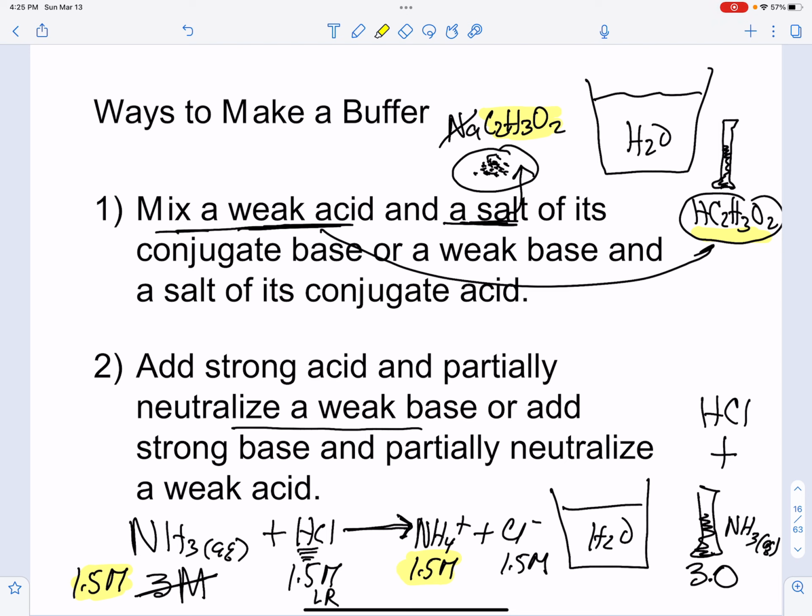And why would you need a buffer? Well, let's say that you are doing some medical research and you have a petri dish where you're trying to grow some bacteria that is going to produce an enzyme that you can inject into your patient, so it will do something to help the patient.